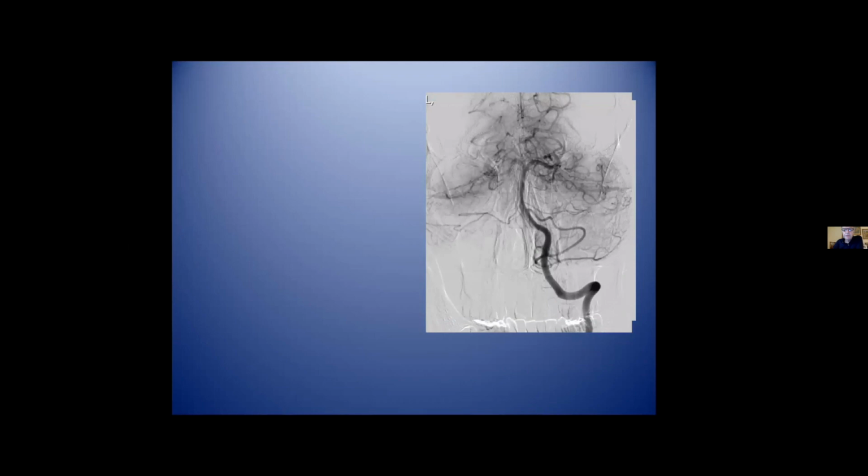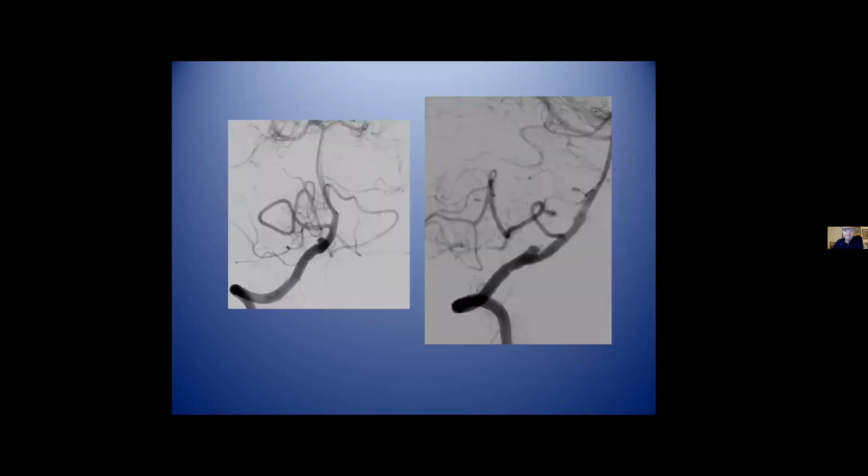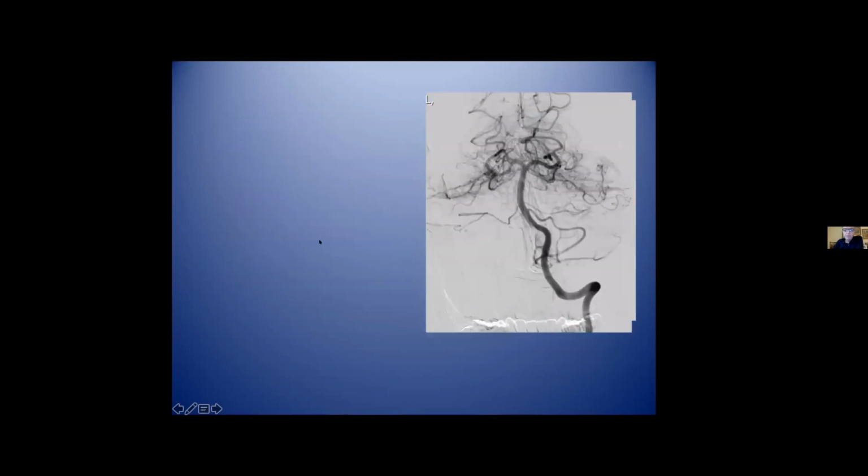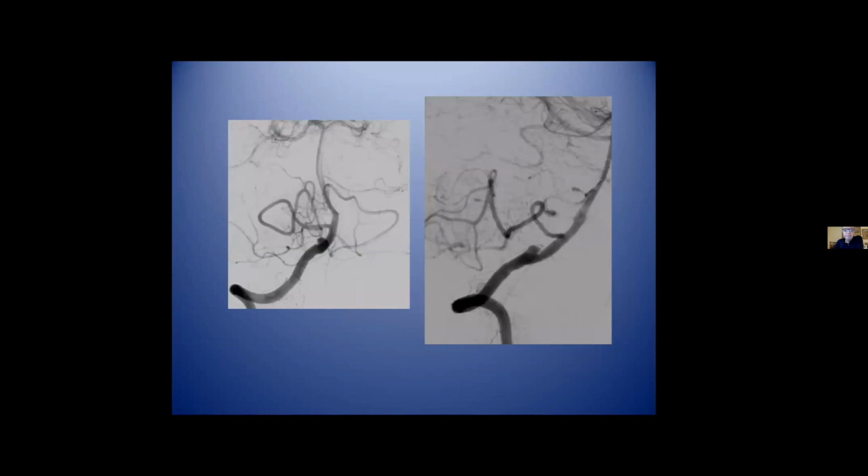It's possible to treat it by occluding this vertebral in this part with coil, sacrificing this part. But the problem is that the anterior spinal artery is born at the same level.